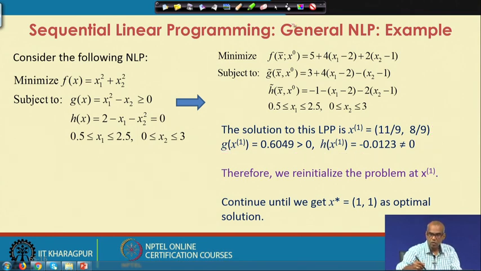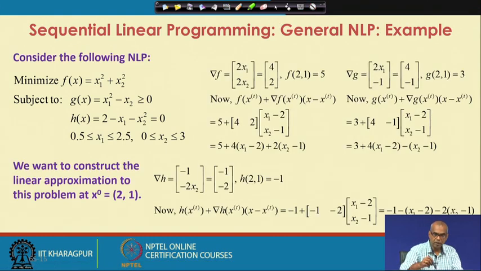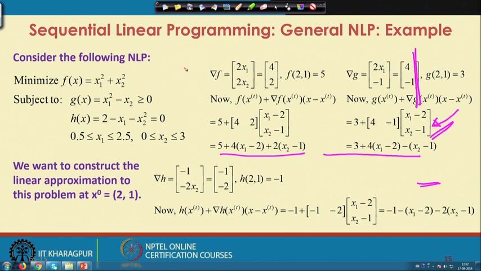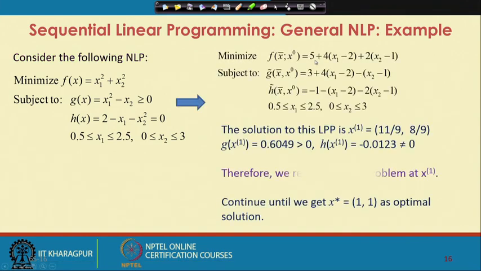Basically, we will make use of this, this and this, but the points now will be x 1, that is 11 by 9 and 8 by 9. So, that will give you x 2.